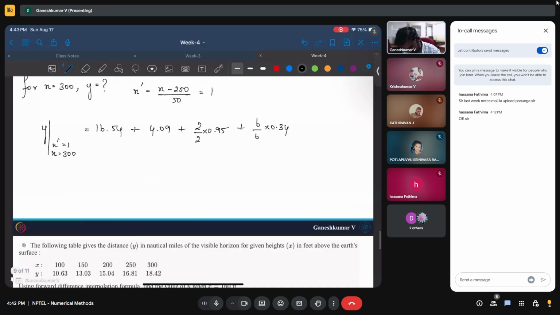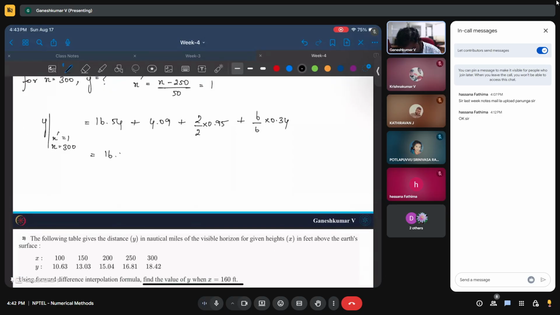So you can simplify this. This will come out to be 16.54 plus 4.09 plus 0.95 plus 0.34. Okay. How much does this come out to be? Something like 21.92 is what I'm getting.